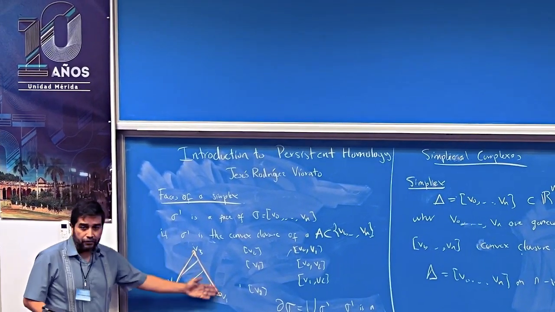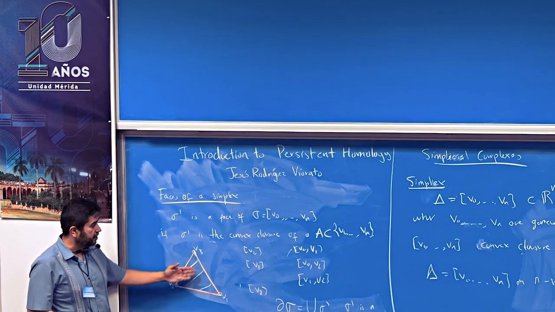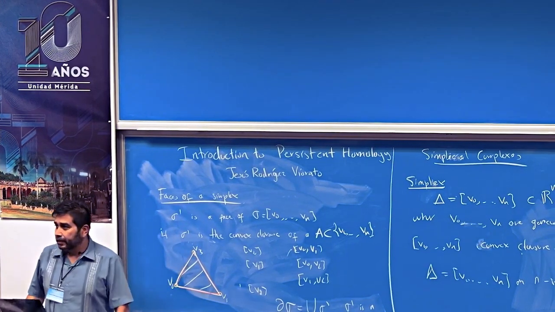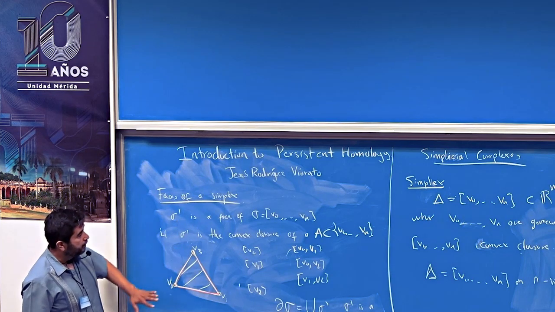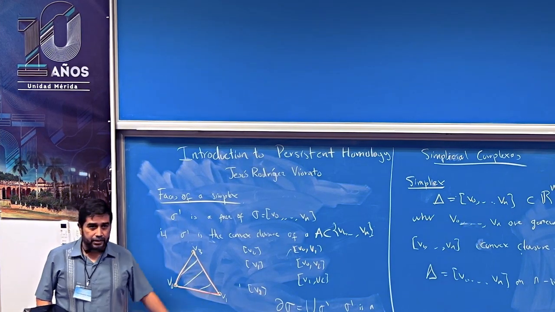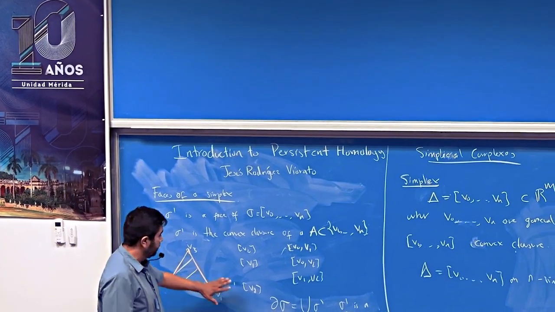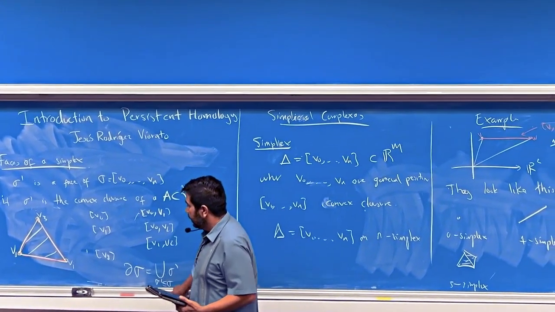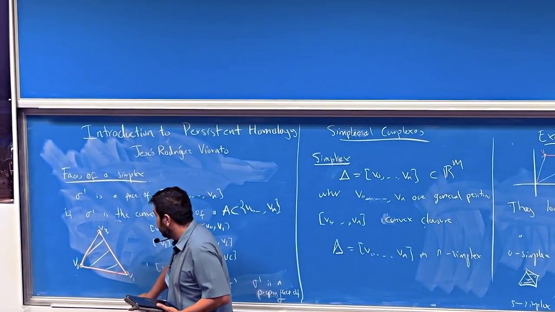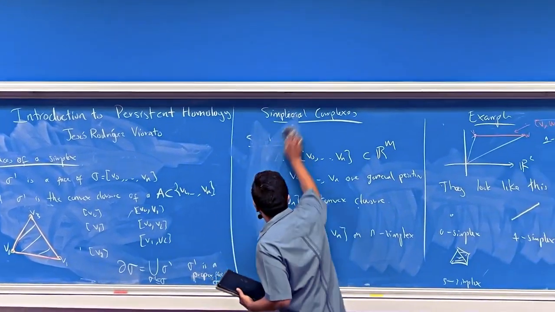The boundary is the union of all these faces. In the case of a triangle, this is the boundary. So the boundary is defined just in terms of this convex construction, right? It's this combinatorial way of defining boundary. Once you define boundary, then you can define the interior.